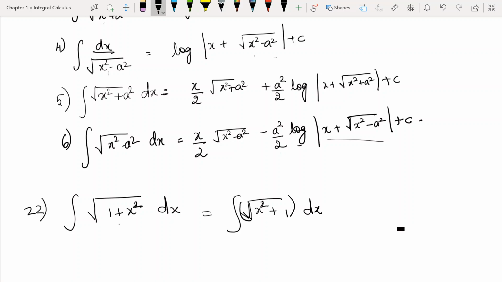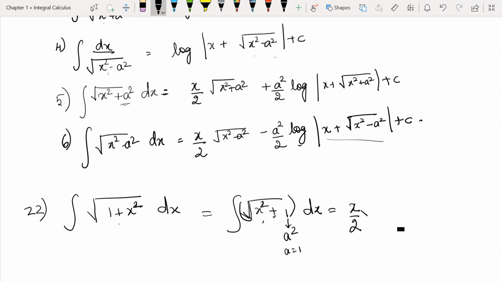Now after this, what we are going to do is look at this and compare it with number 5. In number 5, we are having x square plus a square. So this 1 is nothing but your a square term. So a is nothing but 1. It could be plus or minus 1, but here we're just going to take it as x square plus 1. Now let us just use this formula.